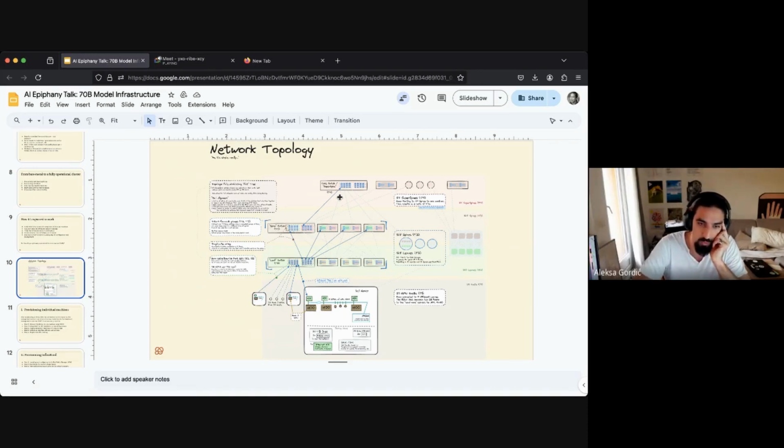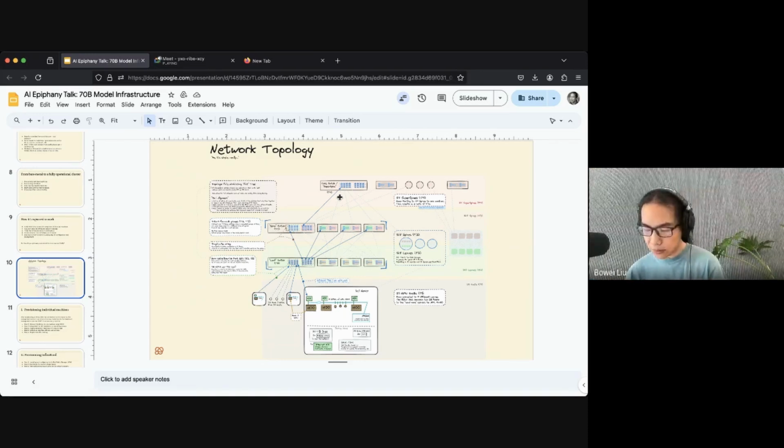The overall design was given to us, and then we essentially had to verify it and make sure that the cabling on the ground actually matches the design, which we wrote a small script for. This is a pretty standard topology, recommended by NVIDIA.